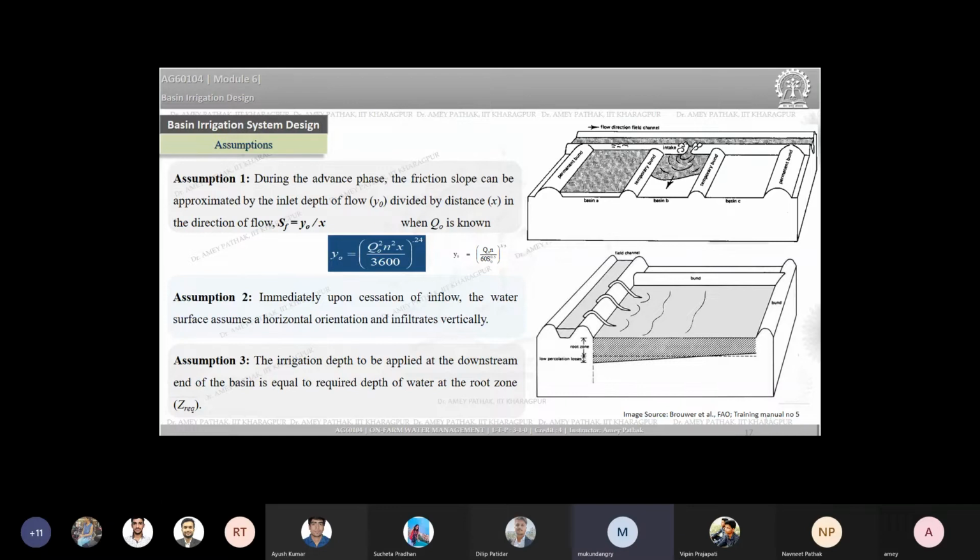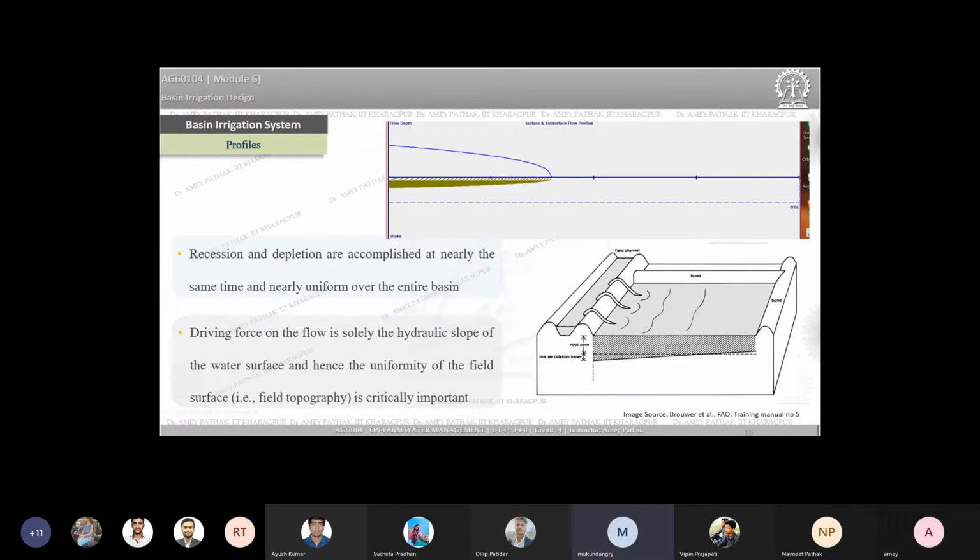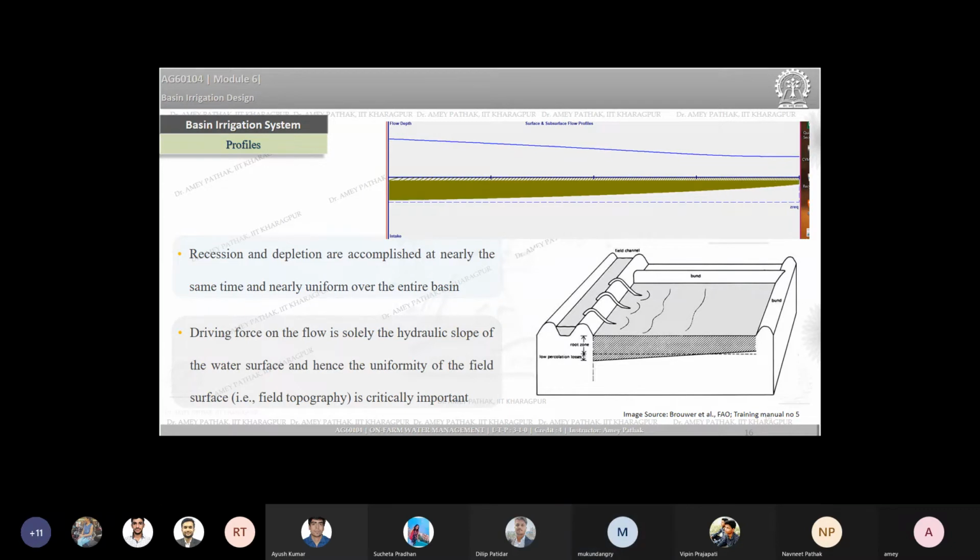Sir, will there be any recession phase here? When that point has no longer the ponding, the whole field at the same time. I don't know when will be the recession phase. That is actually one value.